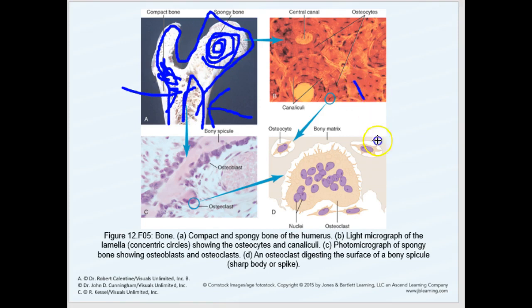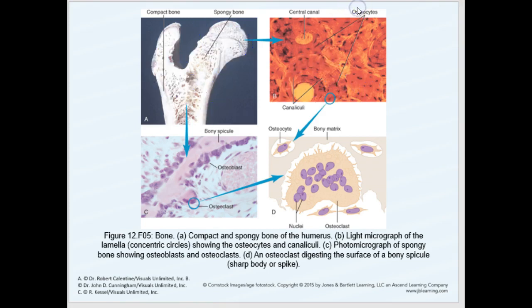Now, here's a picture of compact bone. I'm not going to get into the microscopic aspects of it, but you can see how tightly that tissue is packed. And in this tissue, I do want to remark that we have osteocytes, osteoclasts, osteoblasts.